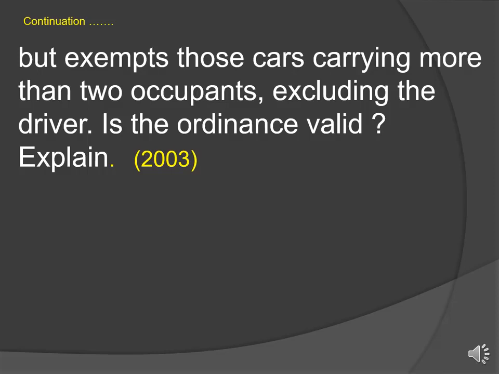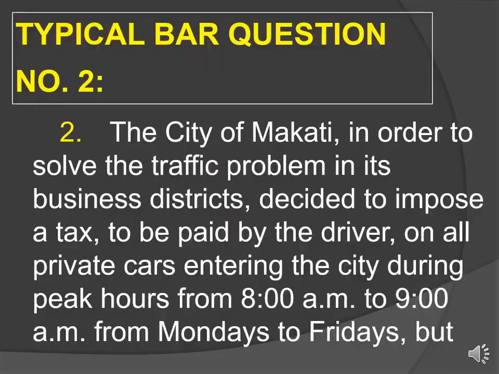That's what you're going to look for. As we read the problem, we'll have to do some analysis. In succeeding problems, we will not do that anymore. It should be automatic for you how you're going to address the questions if it is in fact a fact-centered problem. So we now try to address the question, is the ordinance valid?